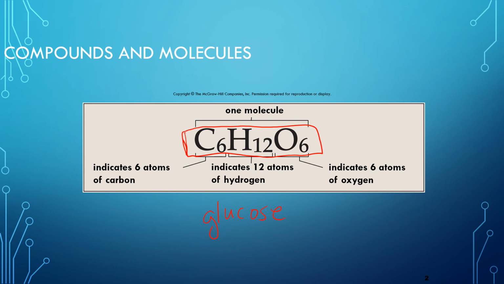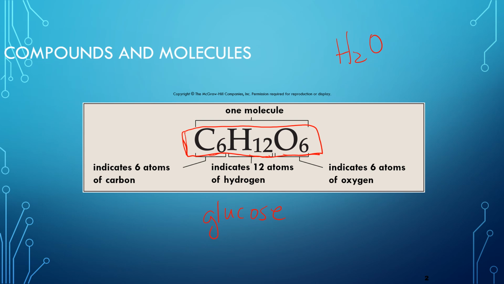What this means is that one molecule of glucose has 6 carbon atoms, 12 hydrogen atoms, and 6 oxygen atoms. There is a specific order, but that's more a chemistry topic, so we're not going to talk about that. When you see something like H2O, that means a molecule of water is made up of 2 hydrogens and 1 oxygen.